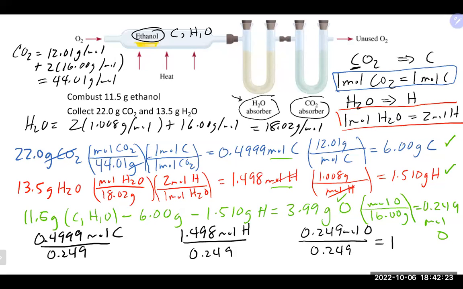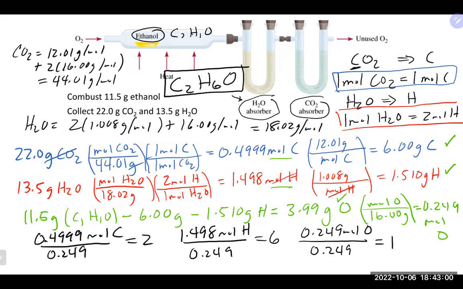That obviously gives us 1 for the oxygen. Hydrogen gives approximately 6, about 6.01, which is close enough to 6. And 0.4999 divided by 0.249 gets us 2. So in this case, we did hit all whole numbers, and our empirical formula here would be C2H6O. Any questions on any of those steps?